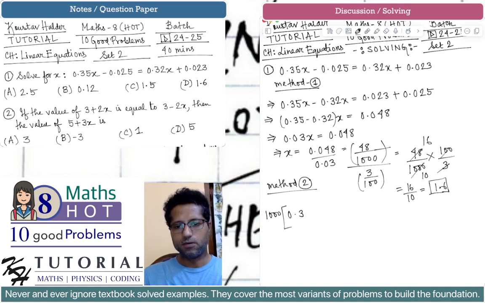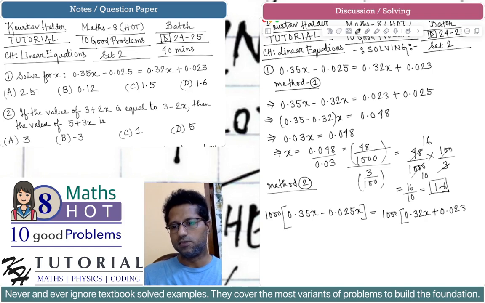So I have 1000 multiplied by 0.35x minus 0.025 is equal to 1000 multiplied by 0.32x plus 0.023. This is just to convert all the decimals to whole numbers.